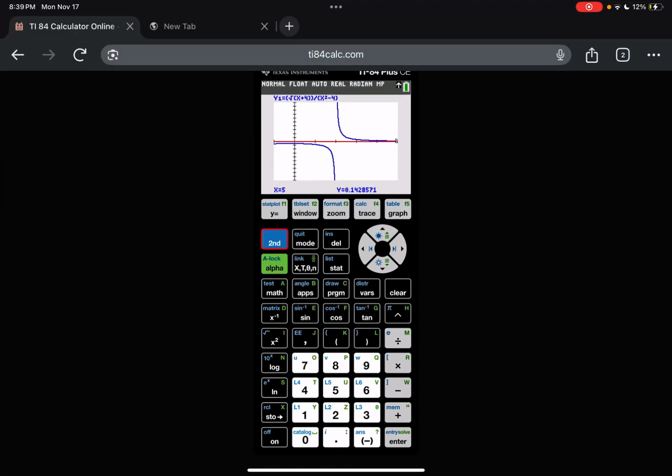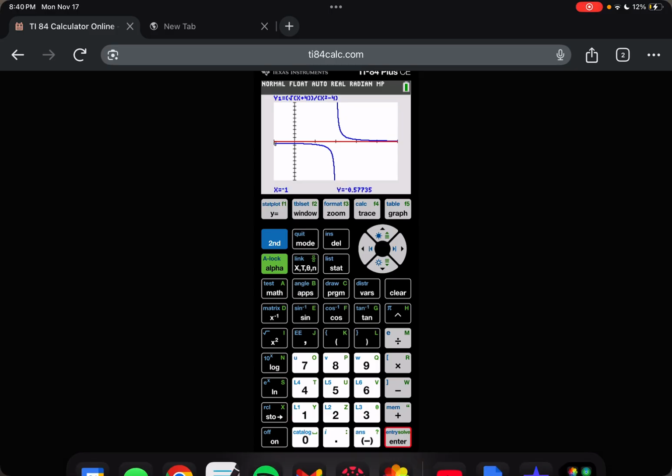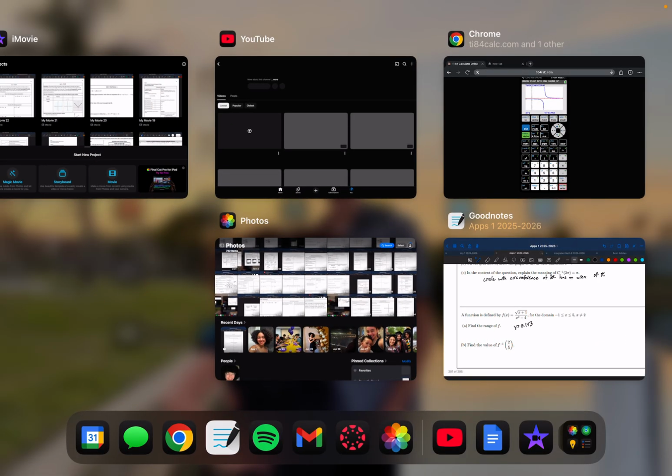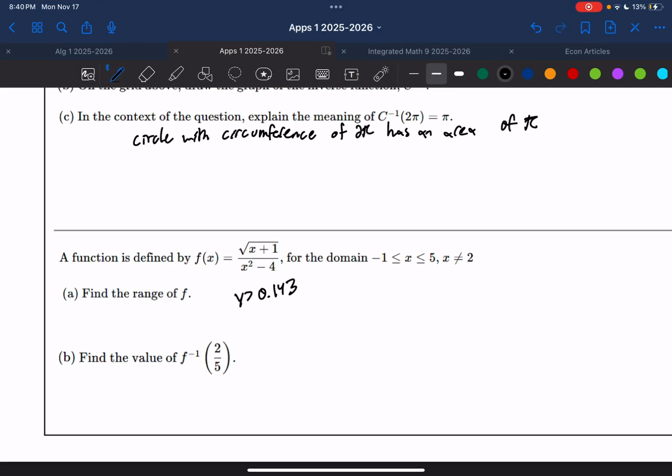And then a second trace value: at x equals -1, y is -0.577. All right, so that's our range, right? y has to be greater than one value or less than the other.